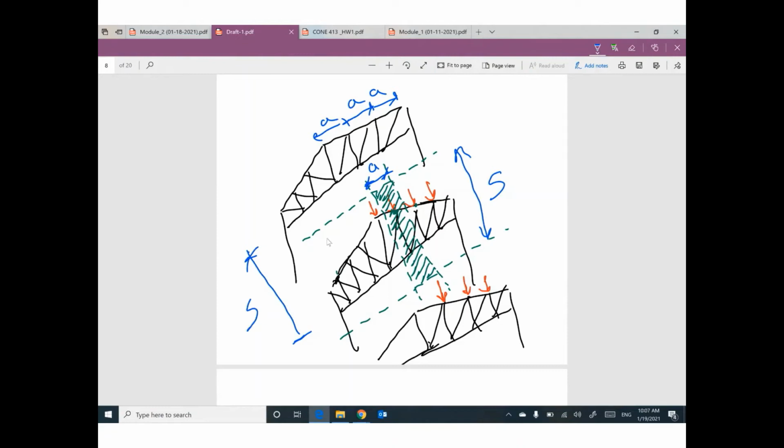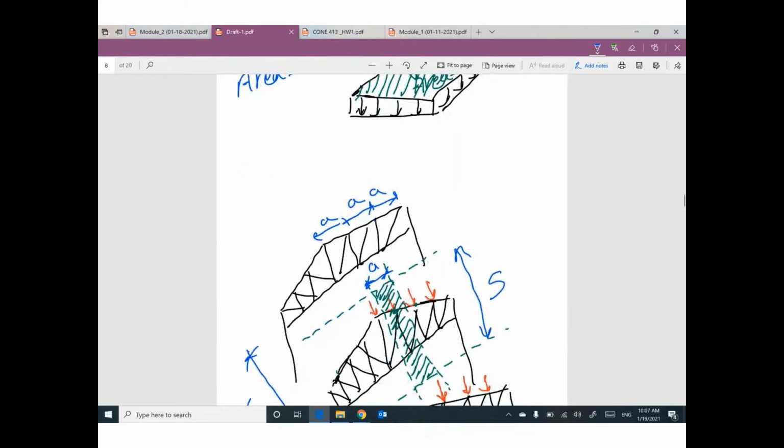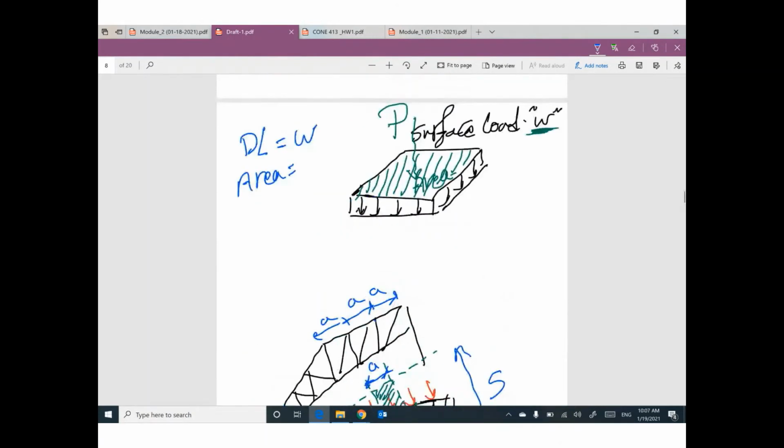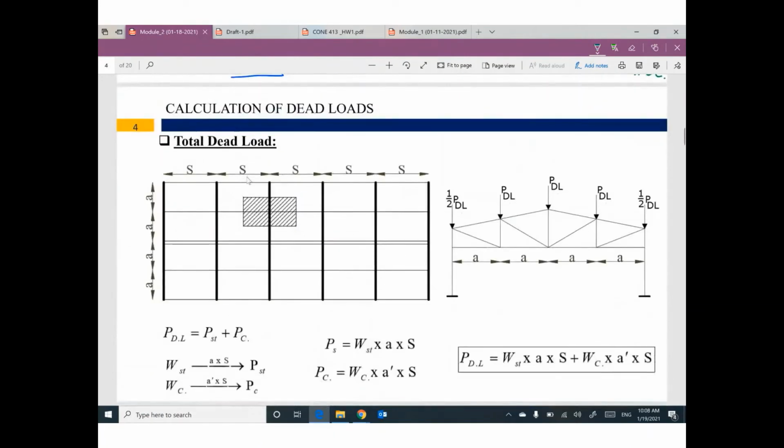So if you have dead load equal W, and you have area assigned to each joint of the truss, and this area is spacing times A, if you multiply this weight by this area, you can convert this dead load to concentrated load at each joint of the truss.